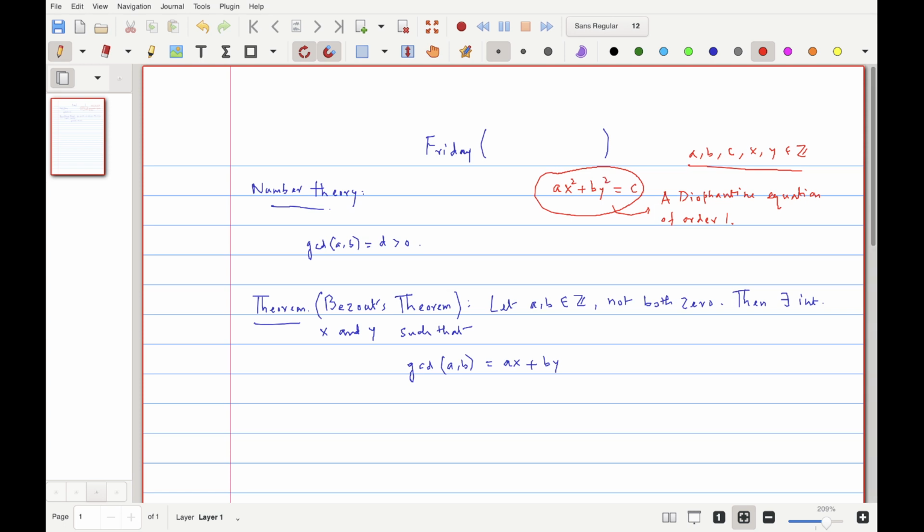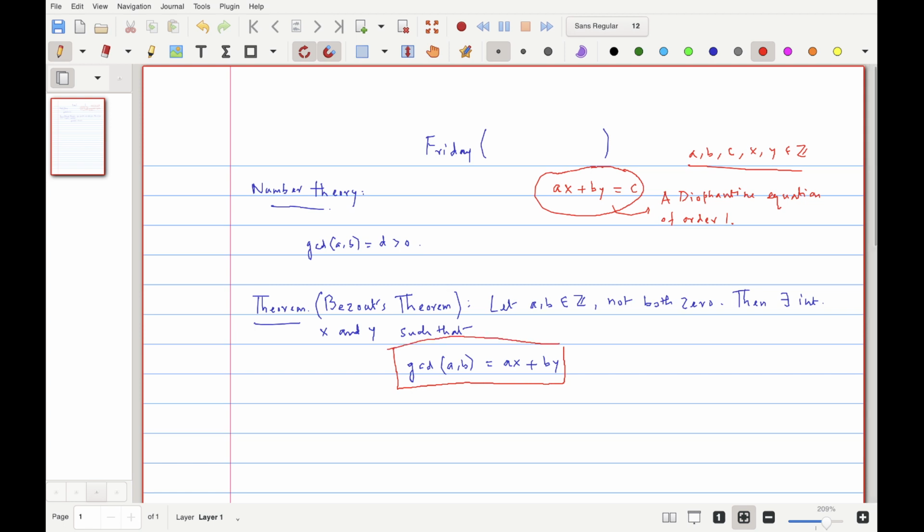Since it's just the basic thing, we only need the linear case. Then it will become order 2, order 3, and so on. These sort of equations are called Diophantine equations.